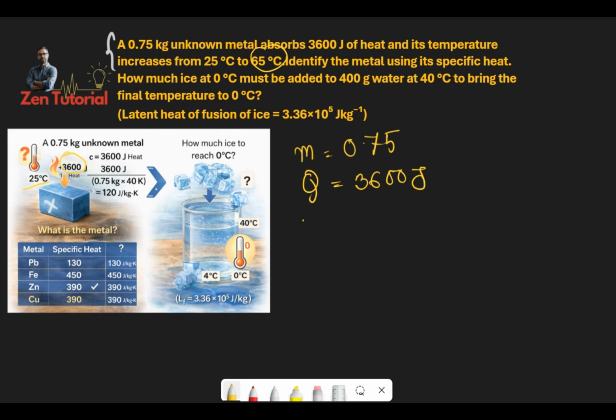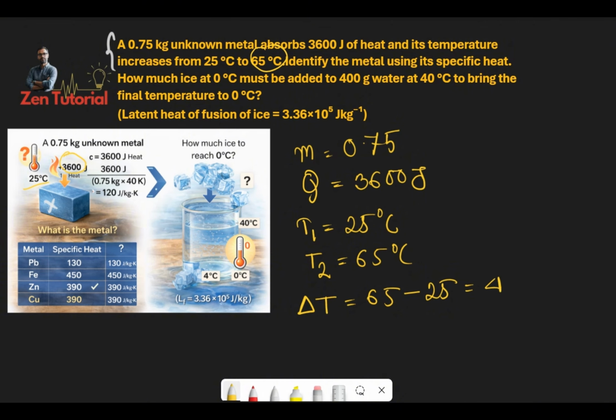The initial temperature T1 was 25 degrees Celsius, and after absorbing the heat of 3600 joule, the temperature rose to 65 degrees Celsius. So the temperature difference, in mcΔT, is 65 minus 25, so it will be 40 degrees Celsius.